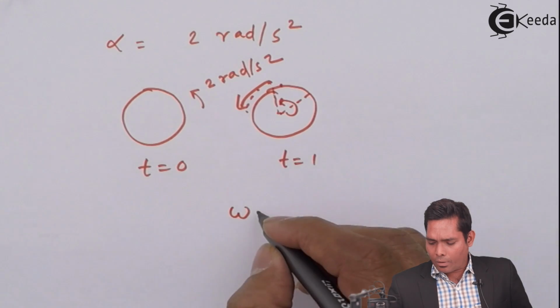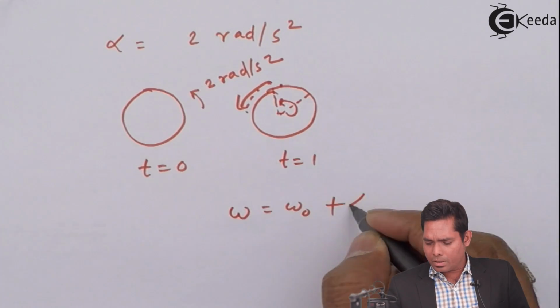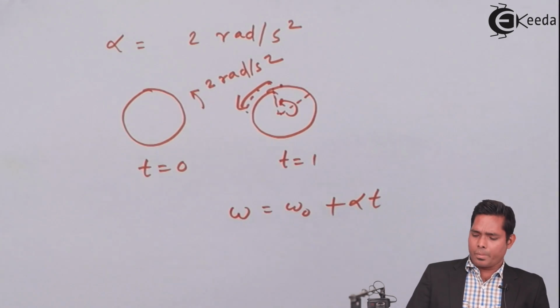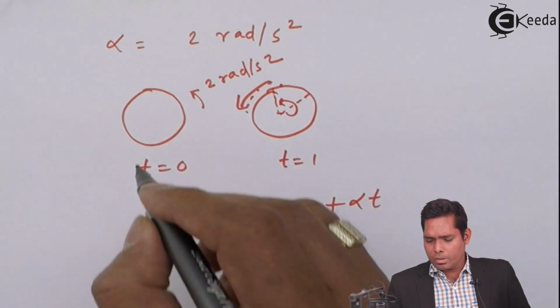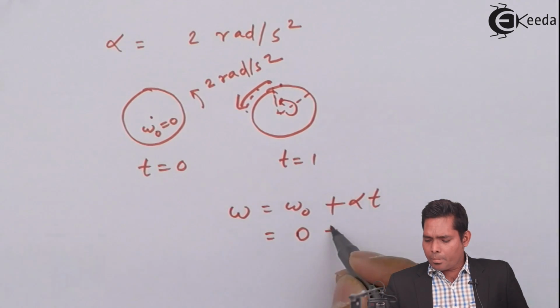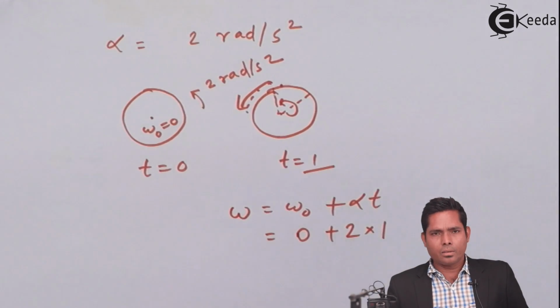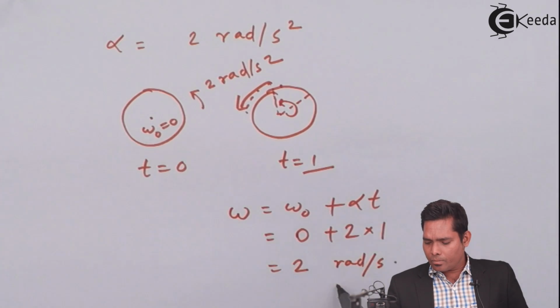So omega after 1 second is omega naught plus alpha t. This is how you find the omega after 1 second. Omega naught initially was 0 because it was not rotating, plus alpha which we got as 2, and the time t equals 1 second given. So that is equal to 2 radian per second.